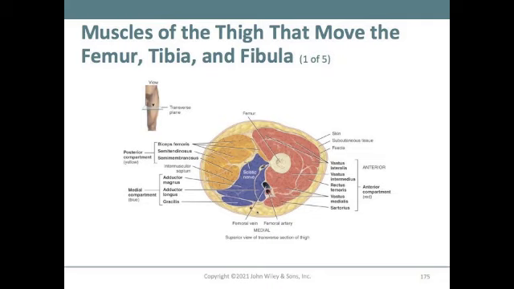And look at this, biceps femoris. So not only do you have a bicep here in your arm, but you also have a biceps in your leg. So remember what that means. It's just two origins. In the nomenclature, if you see biceps, you know that that's two origins.